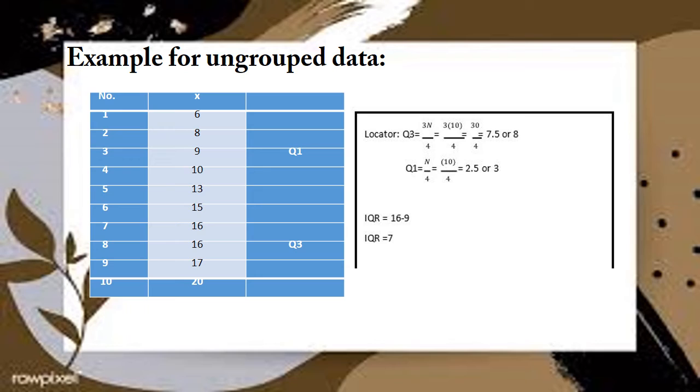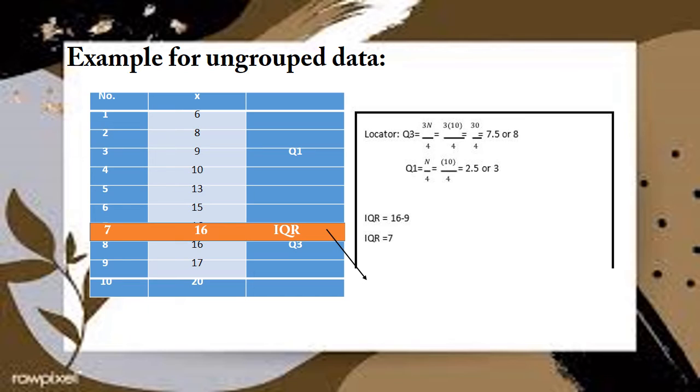In getting the quartile 3, we have this formula: 3n divided by 4 is equal to 3 times 10 divided by 4 is equal to 30 divided by 4. The result is 7.5 or 8. Therefore, the 8th number is our quartile 3, which is equivalent to 16.